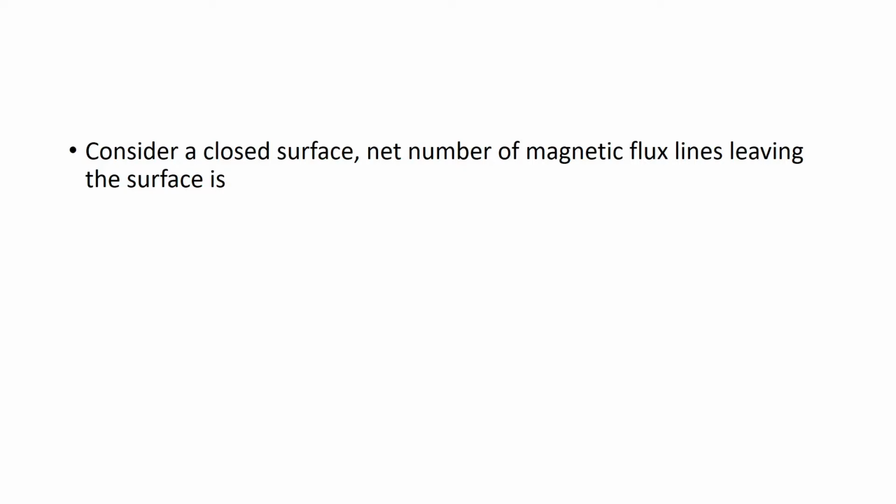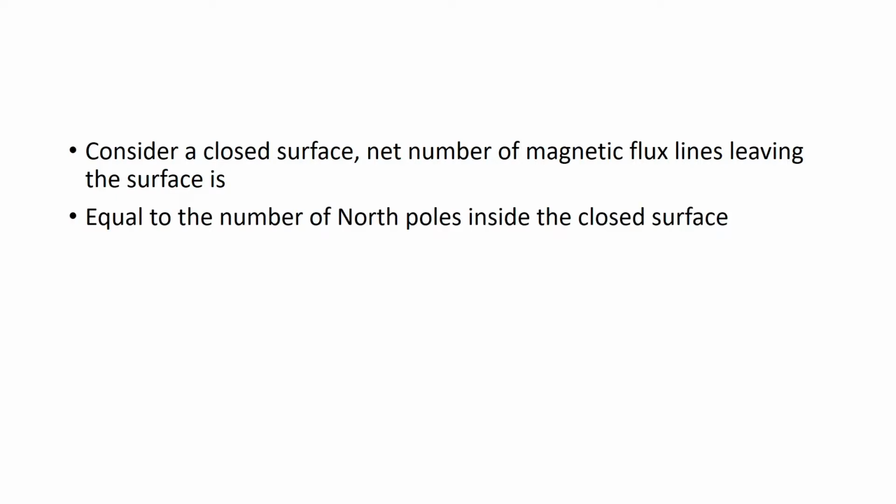So consider a closed surface, then the net number of magnetic flux lines leaving the surface is equal to the number of north poles inside the closed surface. This pretty much looks like Gauss's law.